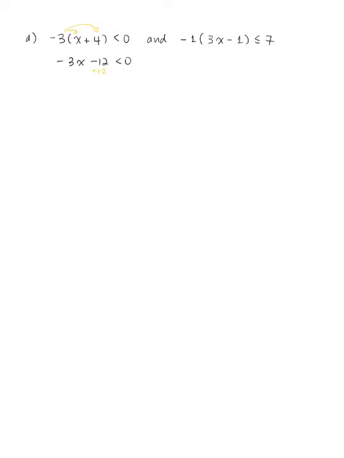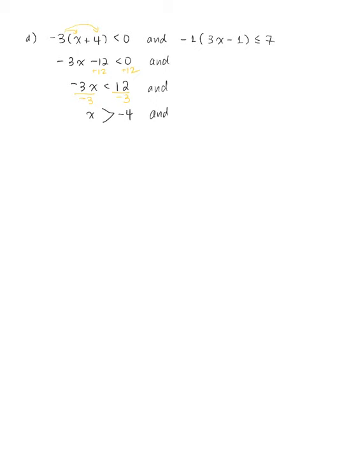Add 12. Then you're going to have -3x is less than +12. Next step, be careful, you're going to be dividing by a negative. So that means your inequality sign must switch. So here you're going to have x is greater than -4. All right, now let's just jot down and.